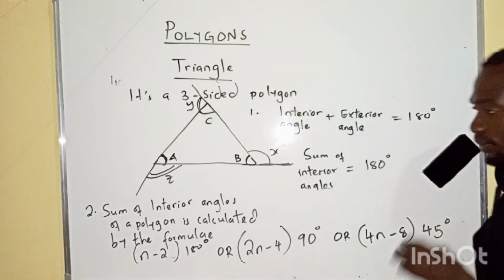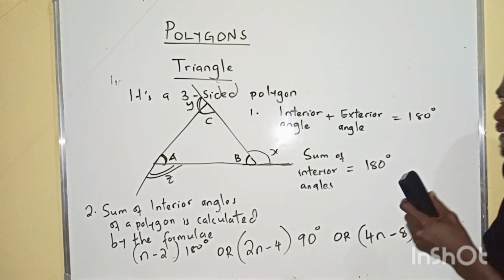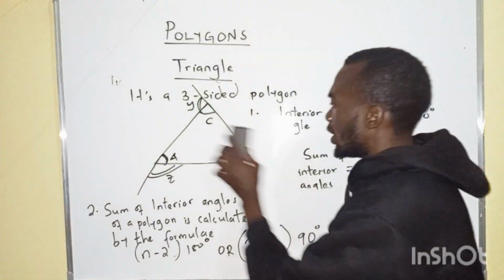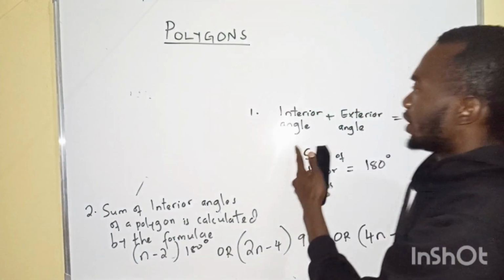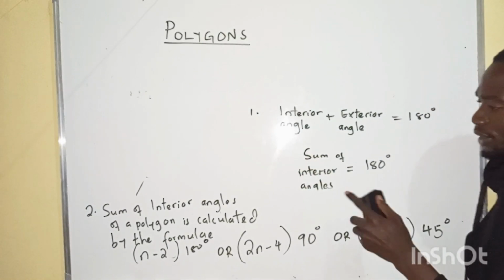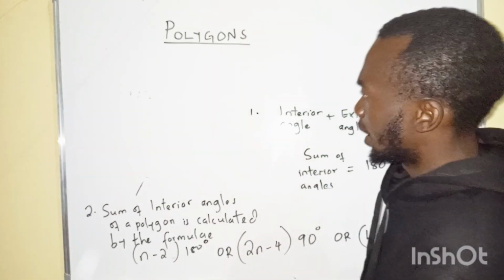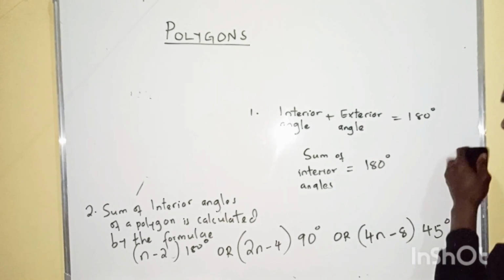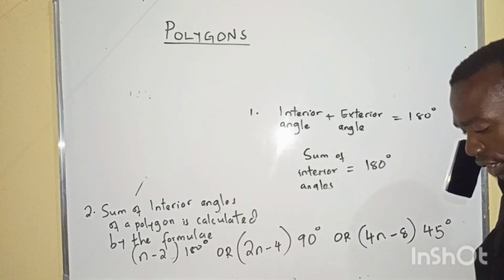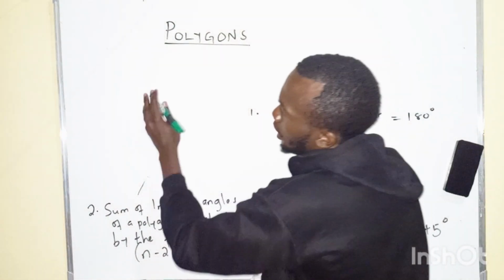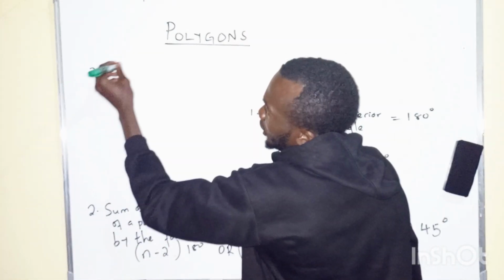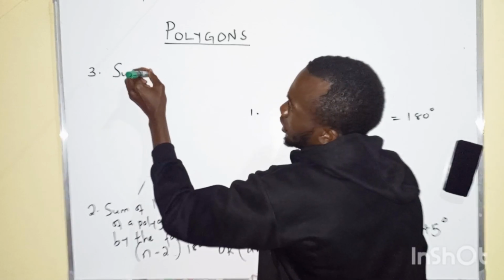Now, the third characteristic, the third important note. So I already have two important notes. Here's the first one, the second one is this one, and the third one is the sum of the exterior angles. 3.